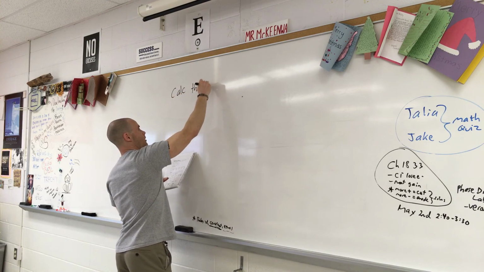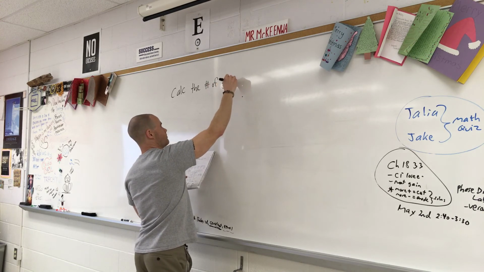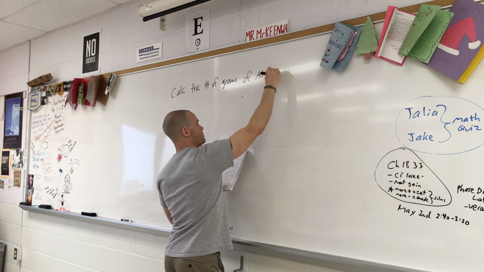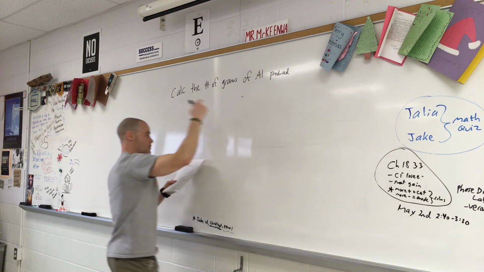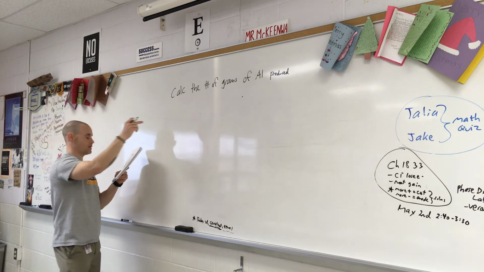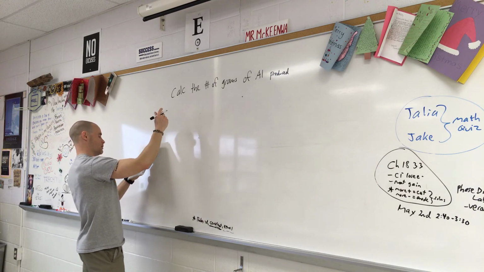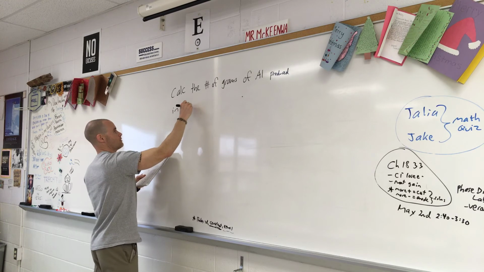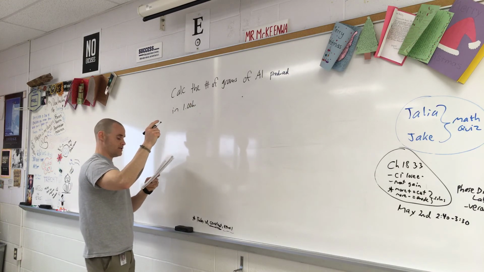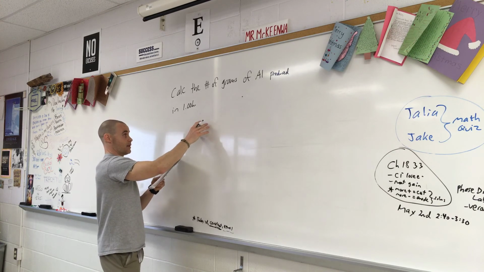Calculate the number of grams of aluminum produced. So I'll do this with you, then I'll give you just one of these for Monday and you have the other ones. Calculate the number of grams of aluminum produced in 1 hour. And physics people, this is probably a little bit easier for you because this is something I think you do in physics.